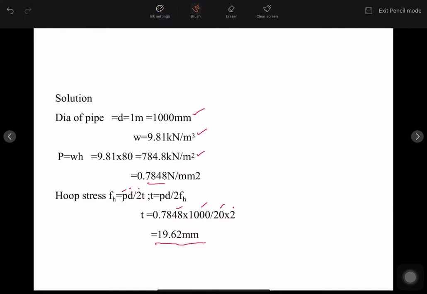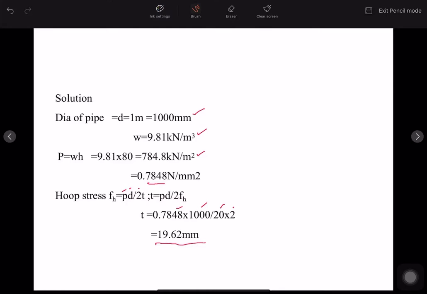So till now we have seen three different numericals of finding the thickness of the pipe, or cylinder, or vessels, based upon various stresses like safe stress, allowable working stress, and maximum permissible stress, and which are subjected to various internal pressures.